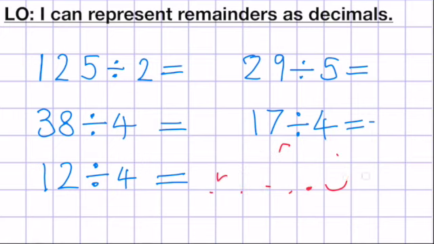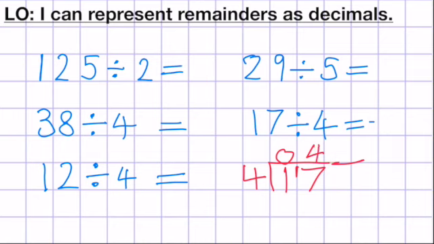Now going to do 17 divided by 4. 4 goes into 1 0 times, so we carry the 1 over. 4 goes into 17 4 times, because 4 times 4 is 16.